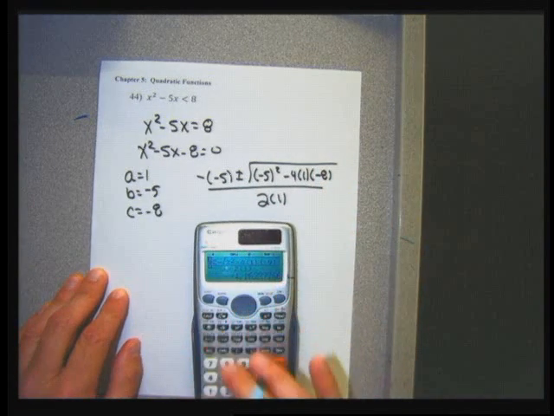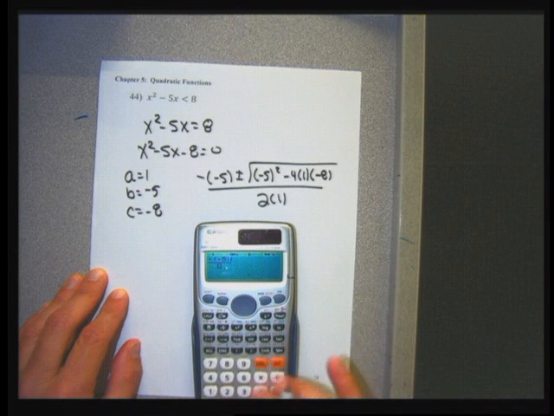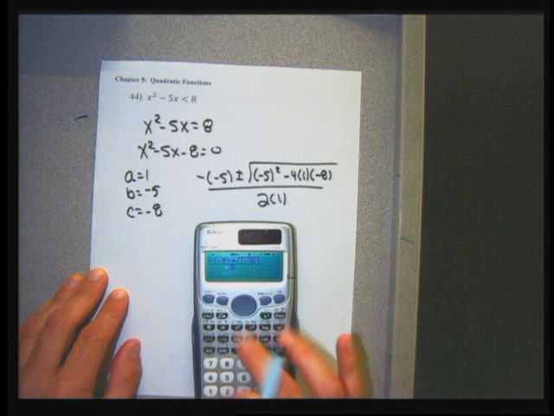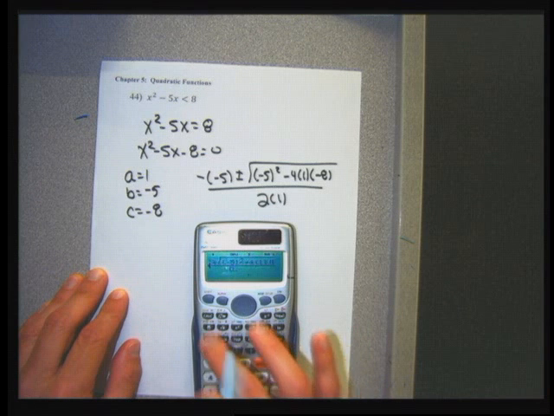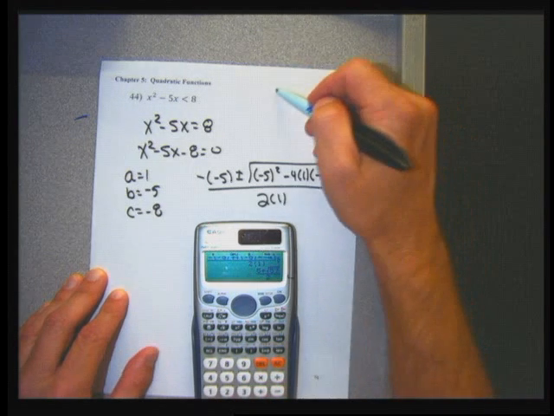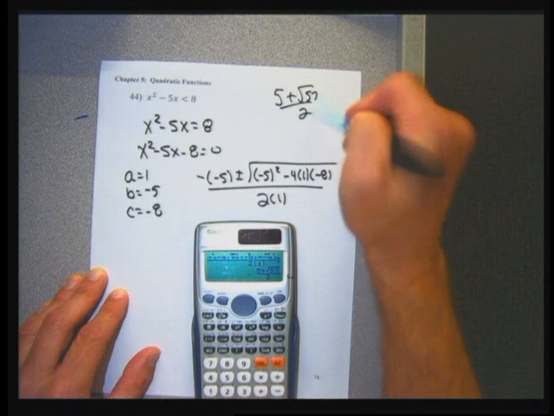So fraction negative parentheses negative 5 plus square root parentheses negative 5 squared minus 4 parentheses 1 parentheses negative 8 all over 2 times 1. That gives me 5 plus the square root of 57 over 2.